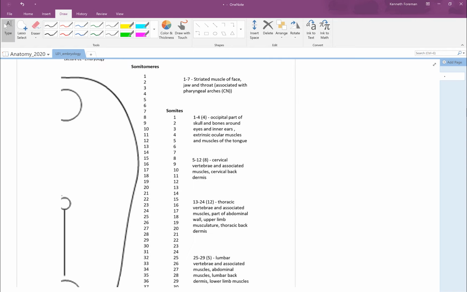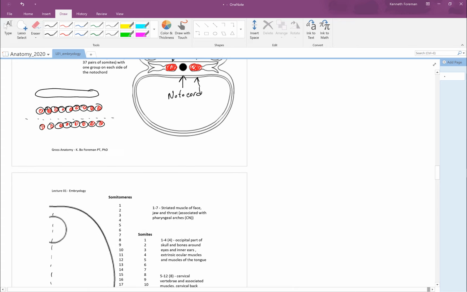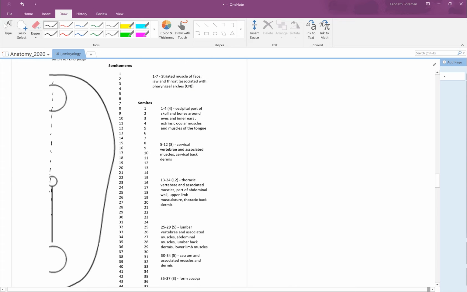So remember, if this is considered midline, and we have the buccopharyngeal membrane and the cloacal membrane, one at the head or cranial end and one at the tail or caudal end.